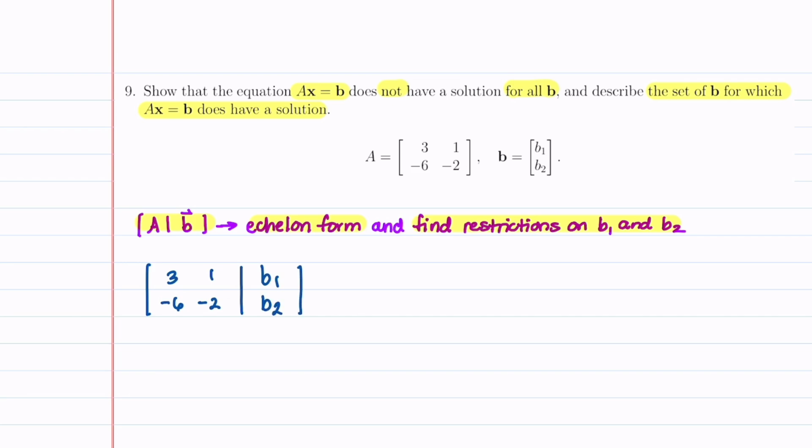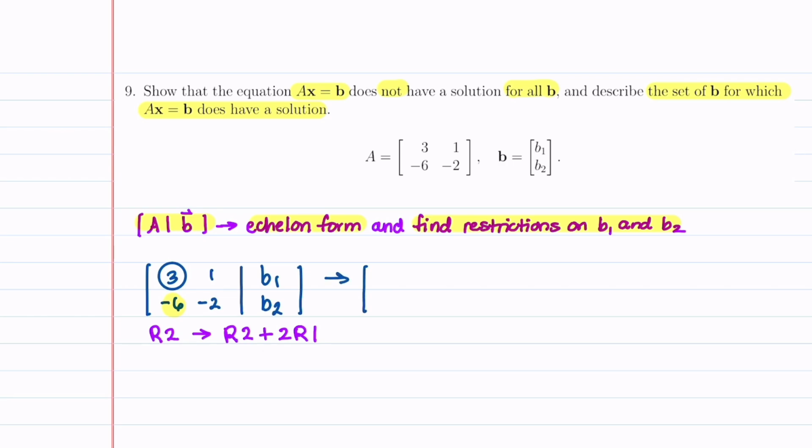We're going to put it in echelon form. So let's circle our pivot. And we're going to get a 0 below that pivot. So the row operation that we're going to use is we're going to take row 2 and replace it with row 2 plus 2 times row 1. Let's go ahead and do this.